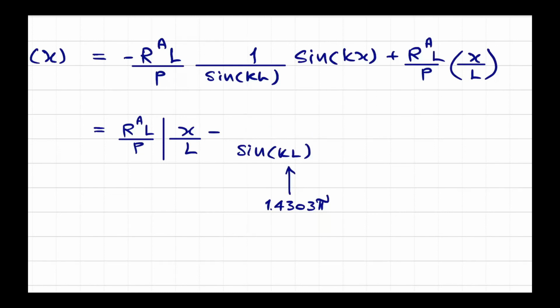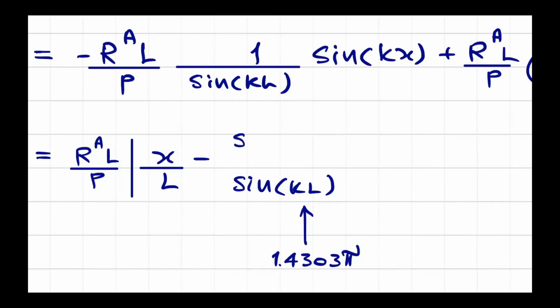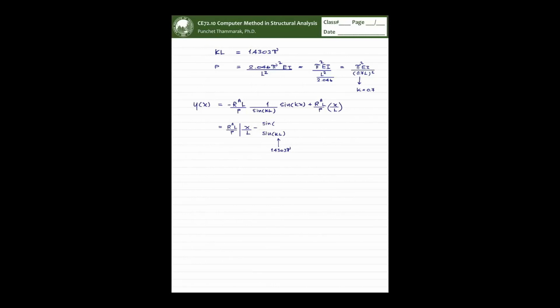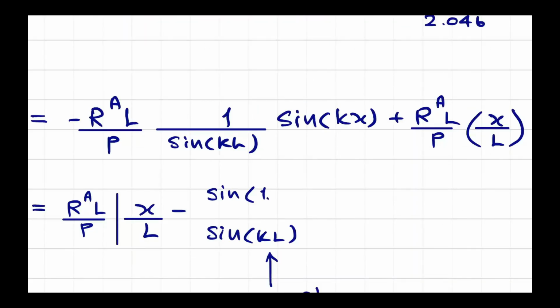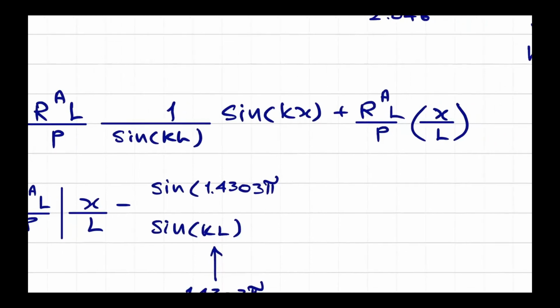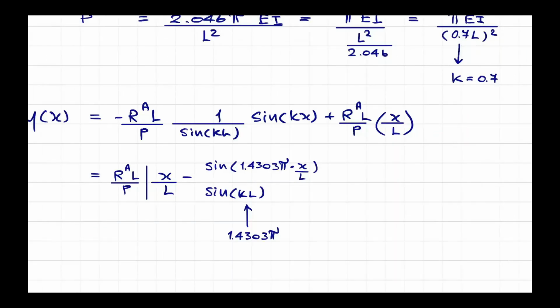Let's write it in terms of X over L. Sine K X is equal to 1.4303 pi multiplied by X over L, right?